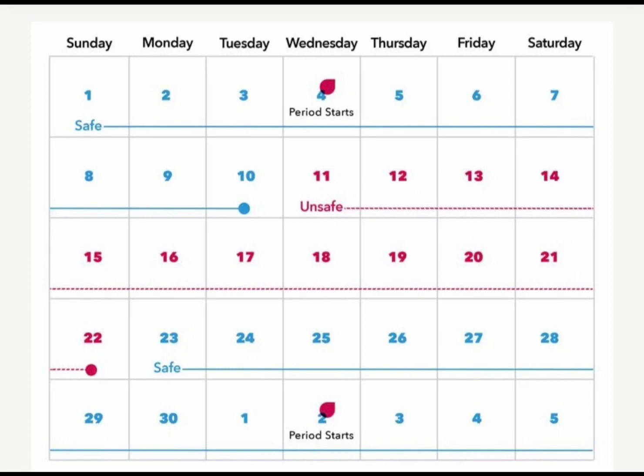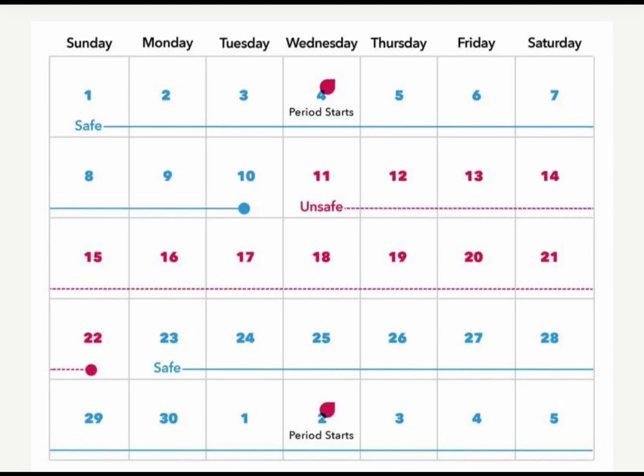That's the first day of your period. So let's take for instance that the first day you saw your period was on the 4th. That means you need to subtract 18 from 26, which gives you 8. You count 8 days, but we are going to start from day 1, and day 1 is the 4th. So we are counting 8 days now from the 4th.